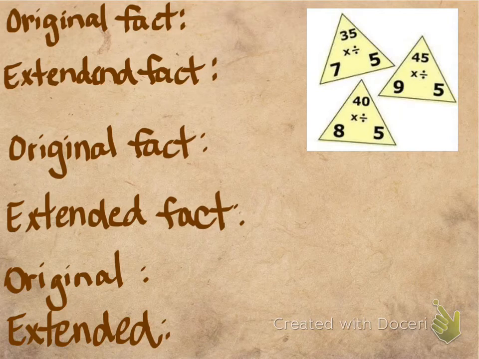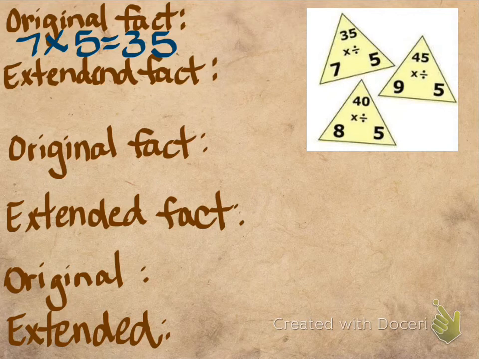So if we look at the original fact, if we take the fact triangle that has the 35, the 7, and the 5, okay, my original fact would be 7 times 5 equals 35, or you can do the turnaround fact, 5 times 7 equals 35, whichever.